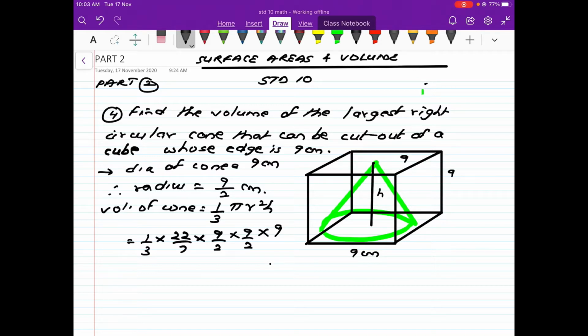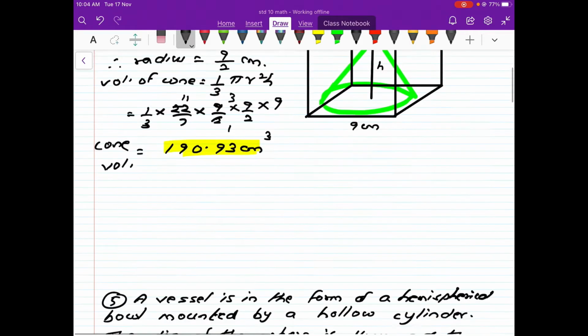This is 3 1s, 3 3s, 2 1s, 2 11s, and then 9 into 9 into 3 into 11 upon 14. So, this is coming out as 190.93 centimeter cube. So, that is the volume of the cone, the maximum volume which can be obtained from that.